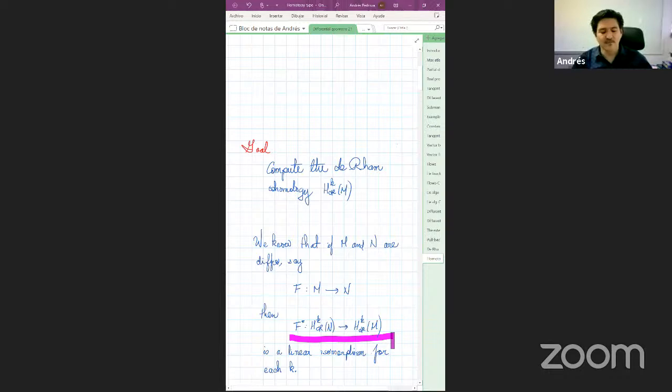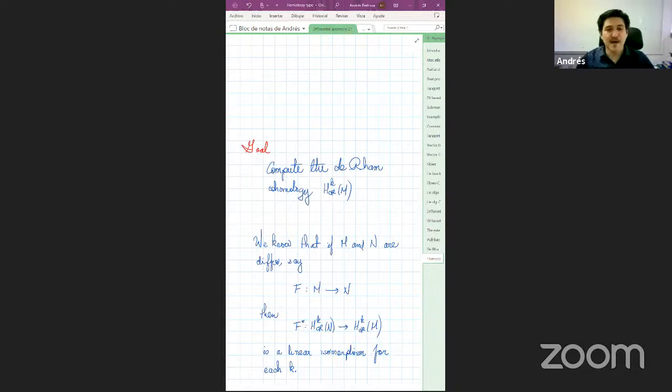Actually, we saw a little bit more. We saw that it is an algebra isomorphism, but let's just do it degree by degree. Because we are interested in computing the cohomology, if I have a manifold and I know that it is diffeomorphic to the other one, then I know the cohomology of the other one. And in fact, I know how they are related via this map.